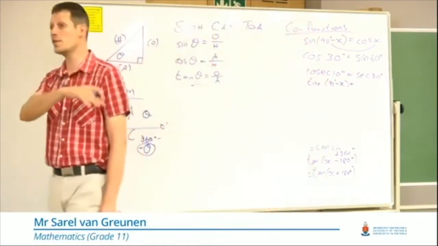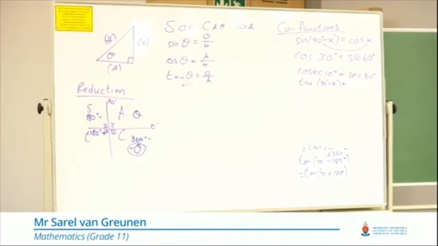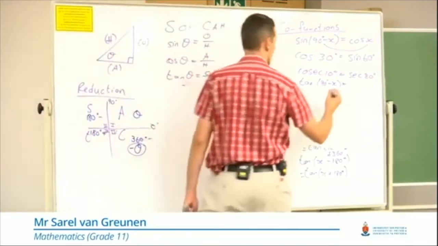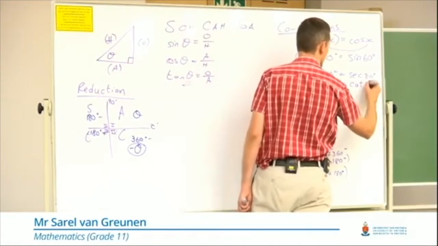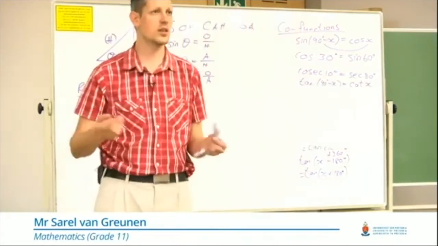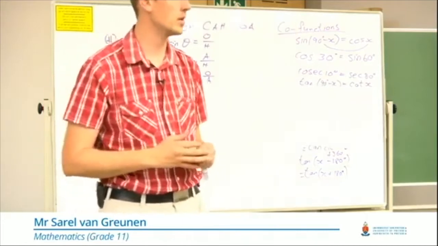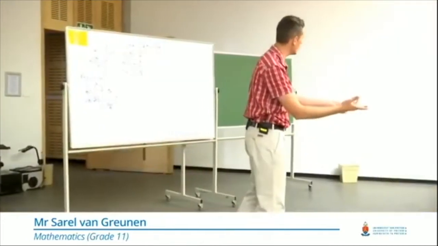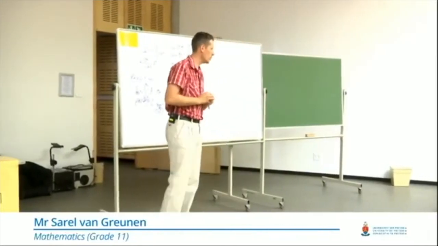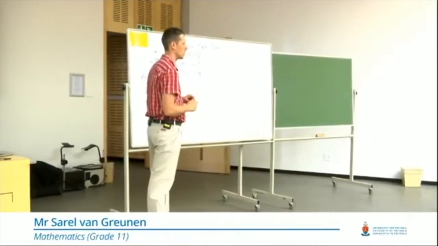Put a co in front of the tan and what am I left with? Cot of x. And that's how cofunctions work with each other. You either put a co in or you take a co out, and that's how you get your complementary functions.